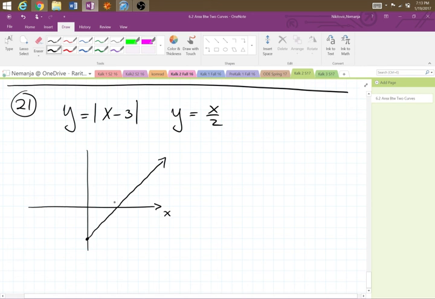Now you also know from pre-calculus that you should shift the function to the right if it's minus 3. You know it's a v-shaped function, and then you just erase this piece that you don't need. So that's the absolute value function. And now you have x over 2, so that's at 0, because the y-intercept is 0, and the slope is 1 over 2, so 1 over 2, 1 over 2, and there it is.